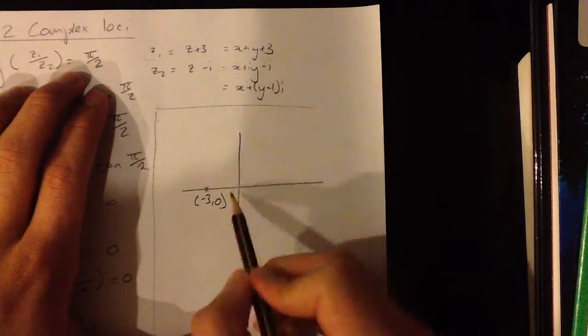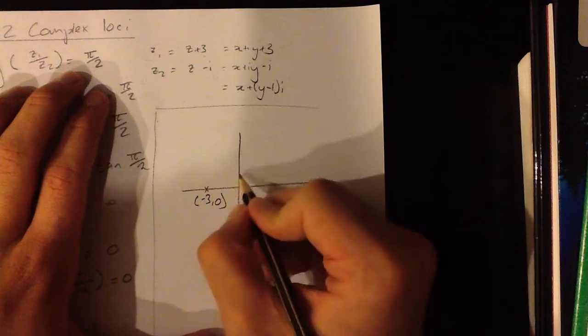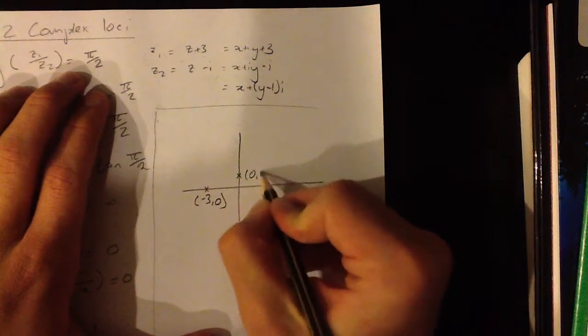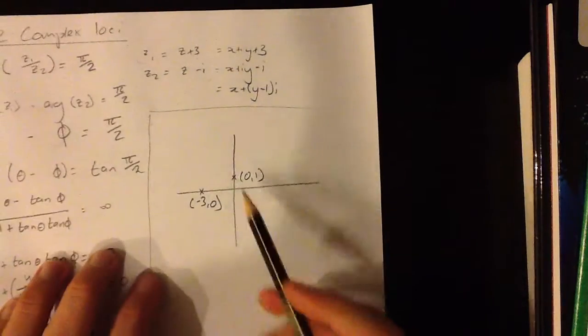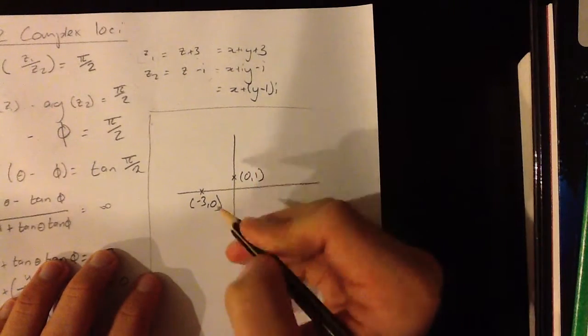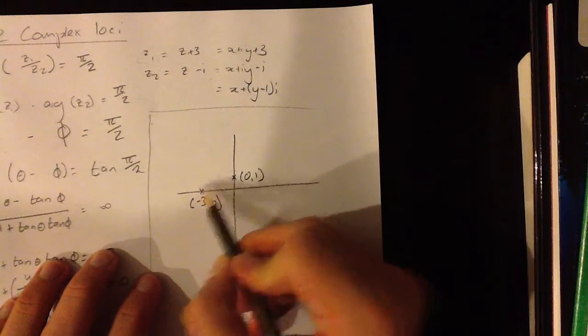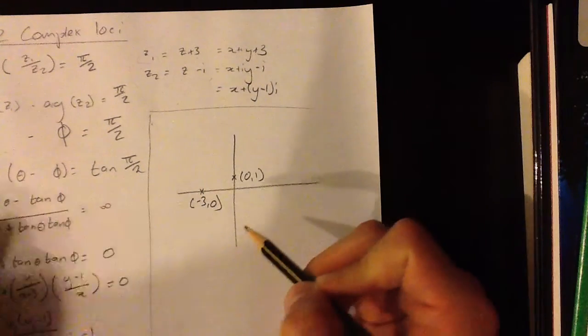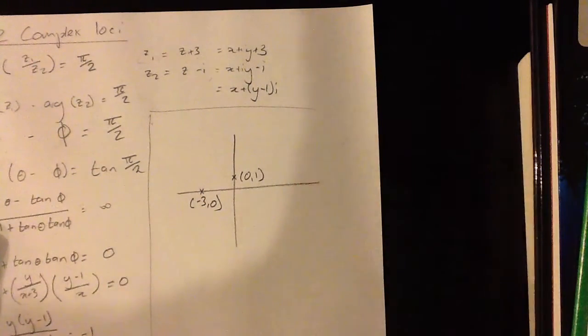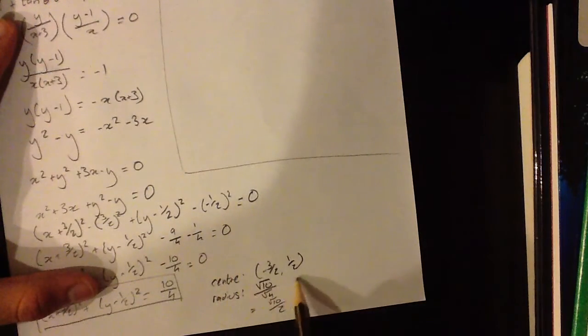And for z2, the x value is 0, the y value is 1, so we'll put that there, 0, 1. Now the problem I always found in the method given in the FP2 book was which side to draw it on. I could never figure it out, even with the explanations they gave.